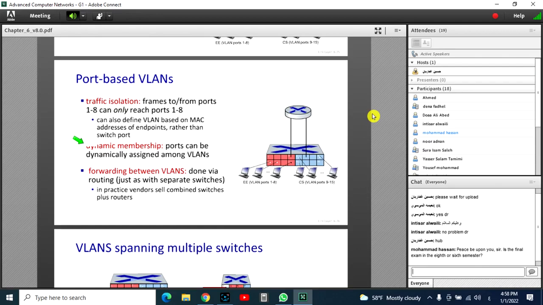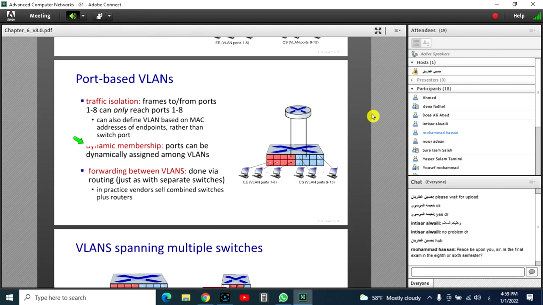So if you use dynamic membership, Trudy can join the VLAN easily. So if you are using a small LAN, maybe dynamic membership is okay, but in a large network, never use dynamic membership. Instead, use static membership for joining a specific VLAN.